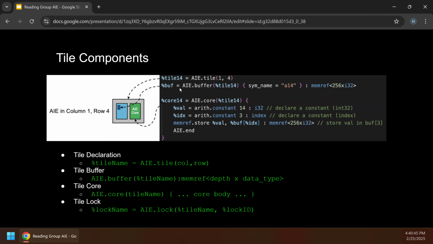I guess with MLIR, as we can see for this AIE.core, there are a lot of instructions running inside the per-core processor.